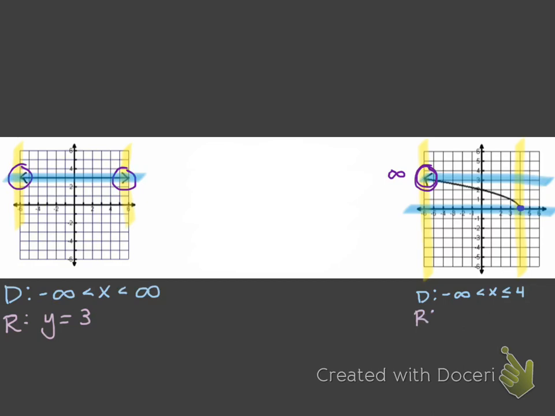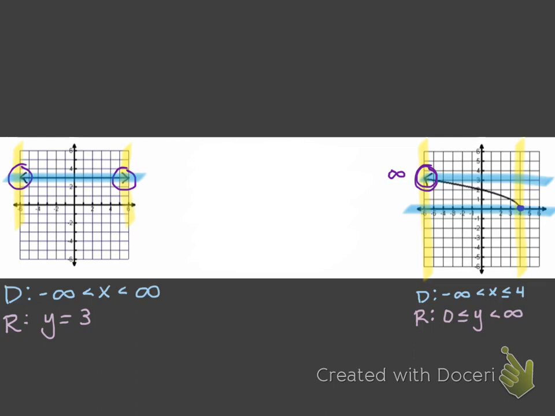So our range, we start at 0, and since we have a closed circle, it's going to be less than or equal to. We're looking at all the y values, and since our graph goes in the positive direction forever, we're going to end at positive infinity for our y values. So our range is going to be from 0 all the way to positive infinity.